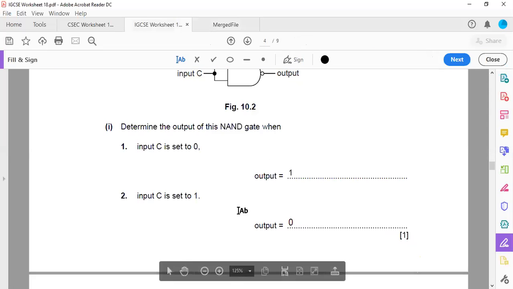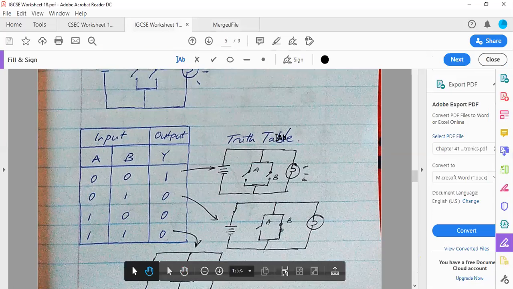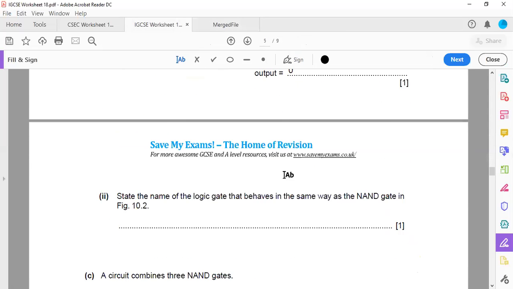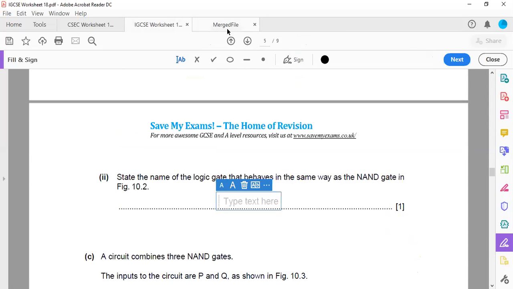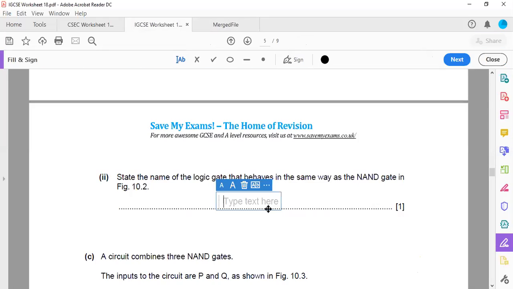Similar to here, where you have input C set to 1. When you have both inputs as 1, you're going to have an output of 0, as shown here. And when you have both inputs as 0, you're going to have an output of 1. So your answer should be a NOR gate, N-O-R.